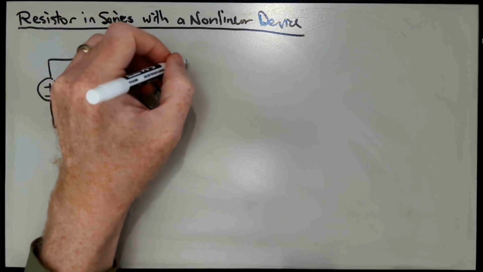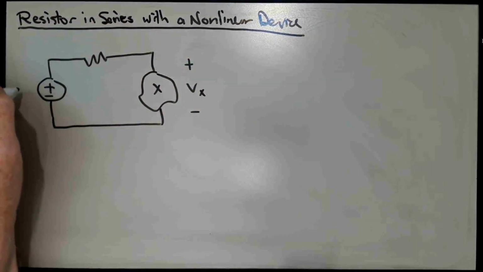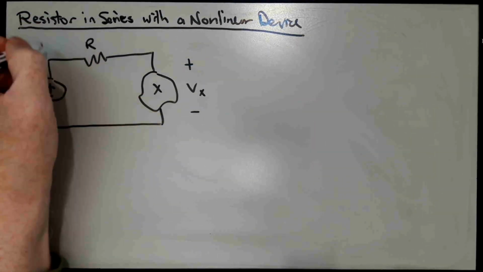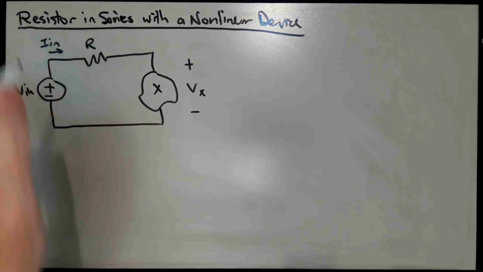And we're interested in some initial situation where we have Vn applied, and there's some In flowing through here.